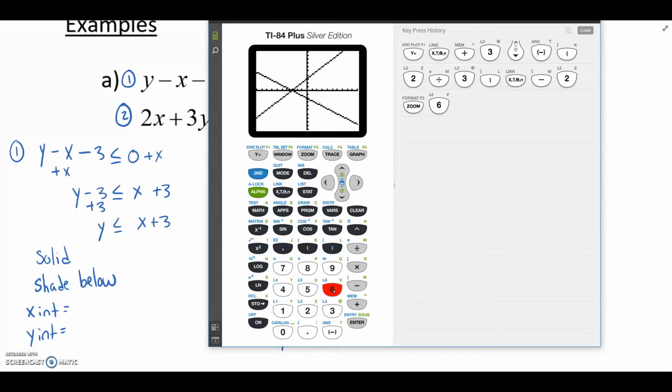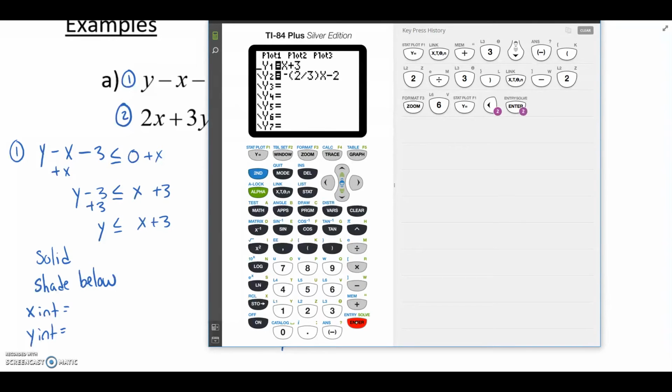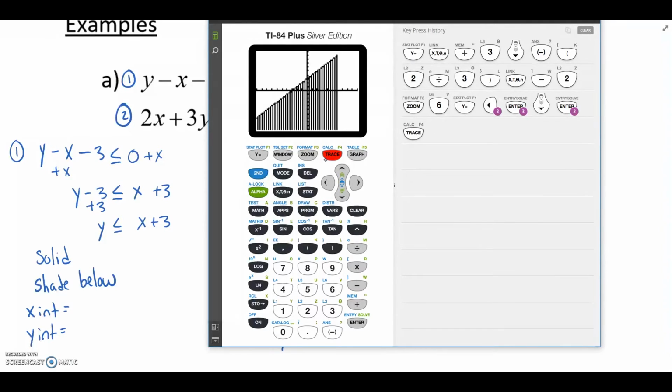Now, if I use my graphing calculator to shade below for my first inequality, and then shade above for my second one, go back and hit trace, you can see the region of overlap.